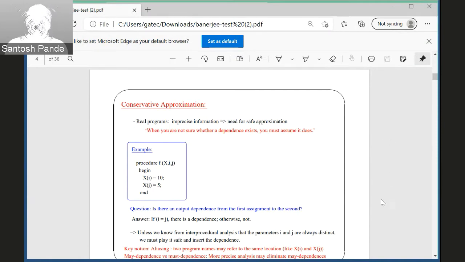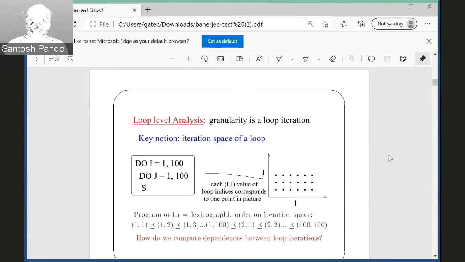So with that, I'll get going with the rest of the material which we are going to complete. As I said, the dependence analysis and loop transformations will be part of the last homework. After that, we are going to look at some machine-specific optimizations related mainly to register allocation.